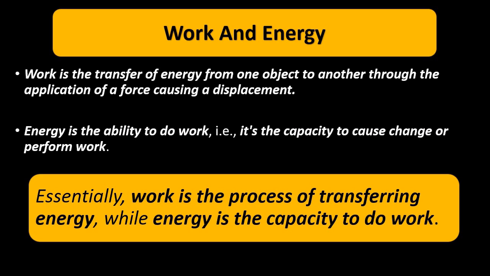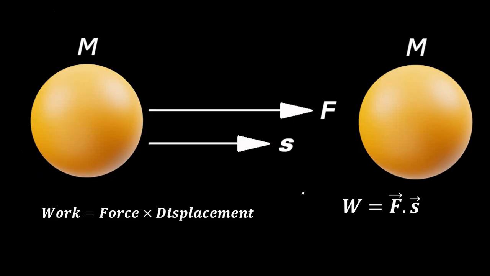As per this, work is equal to the dot product of force and displacement vectors. Let us say we change the position of an object from one point to another. There is displacement S, force F, both of them are vectors, so work is the dot product of that.